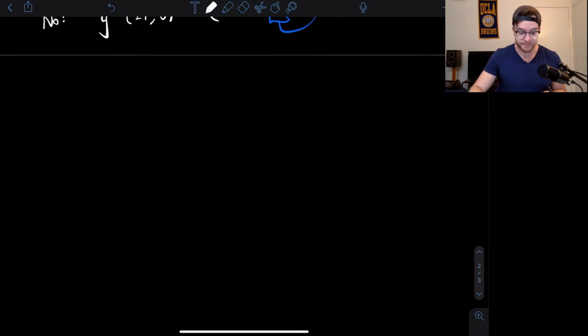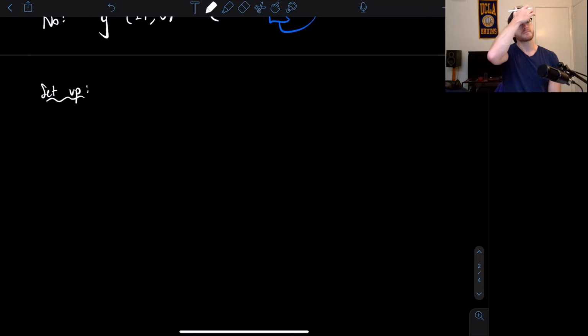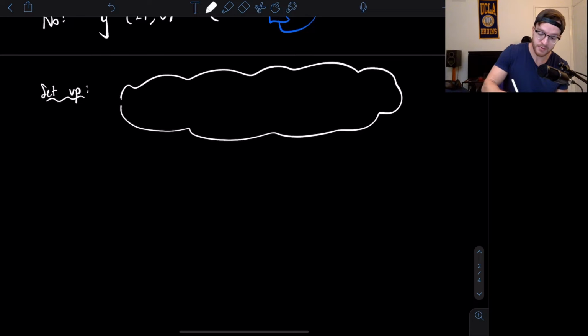Okay, so here's the setup. In the previous example, we had 2 variables, x and y, and I was curious if I could solve for x or for y in terms of x. Maybe just for some clarity, I'm going to switch my variables to y and z.